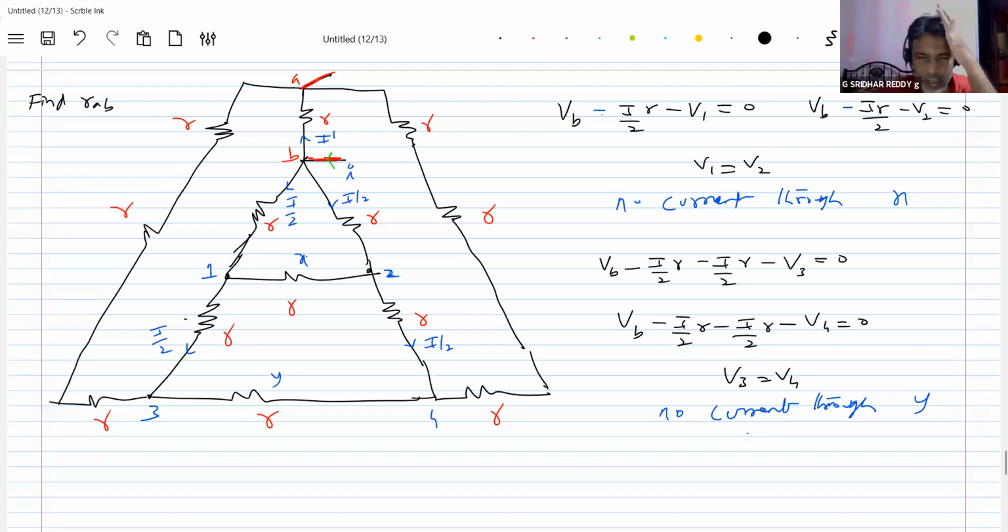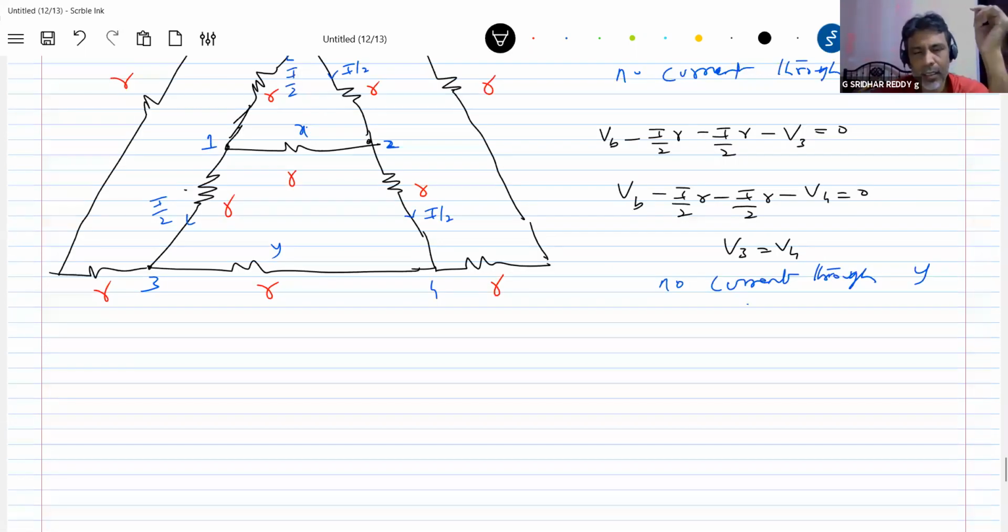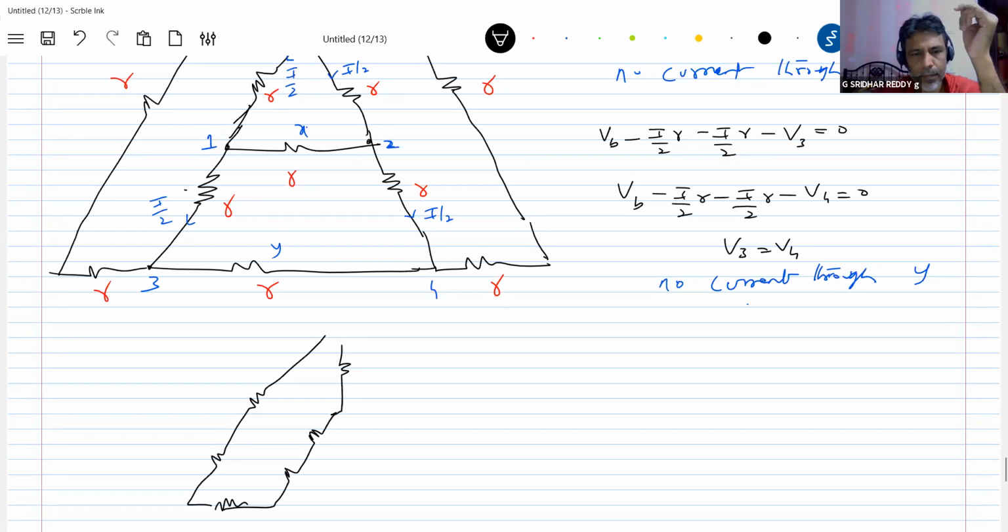There is no resistor there. If I remove that resistance, it becomes a simple series-parallel circuit.